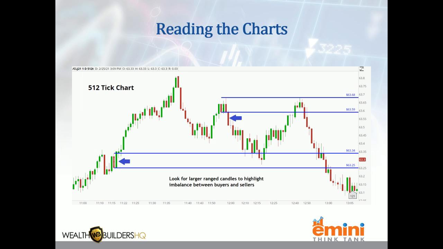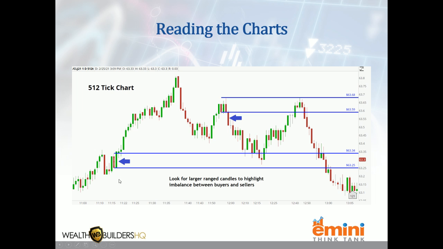So if I can see a larger ranged candle, meaning not just the body, but the entire range between low and high of that candle, if it's very large compared to some of the others around it, that's indicating an imbalance. Because what you have to realize is every single one of these candles was created with the same number of trades. In this case, 512 trades.